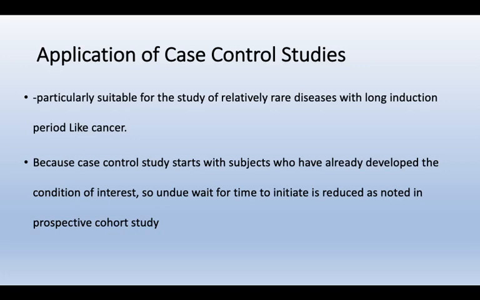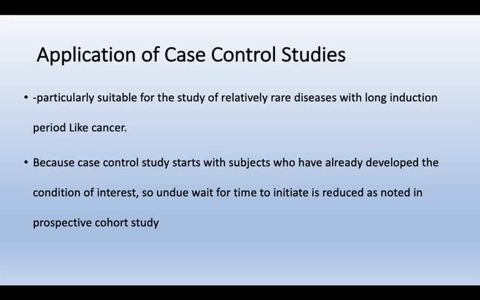In our previous example, we enrolled uterine cancer affected patients; we did not follow a population for a certain period of time and then study the possible cases that emerge. We go directly to the individuals who are already affected with the disease. So the undue wait for the disease to develop, as noted in a prospective cohort study, is reduced.